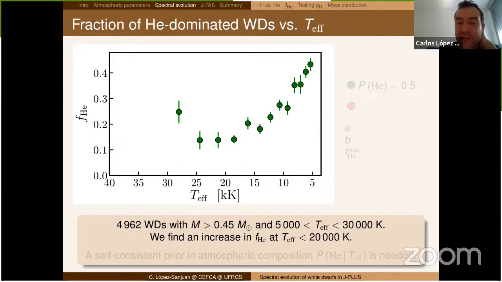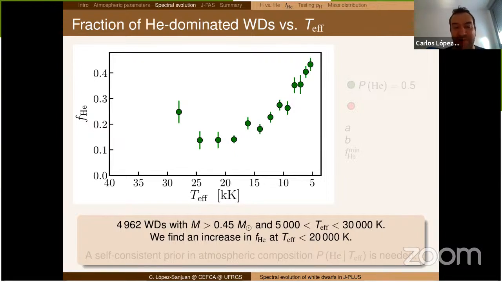So basically, in a natural way, we are going to tend to a 0.5 fraction at lower temperatures. So that can be just an observational bias due to the fact that data have its own limitations.